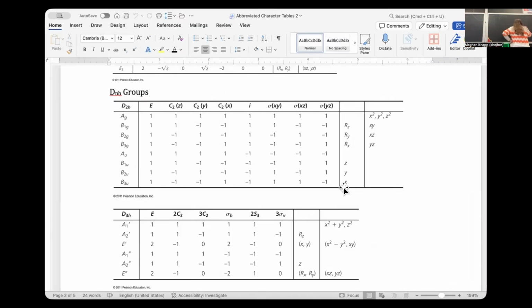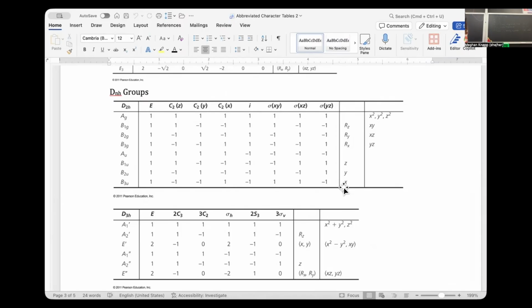And it probably has X, Y, and Z together. Okay. So that's what the A's, the B's, the E's, and the T's are telling us.